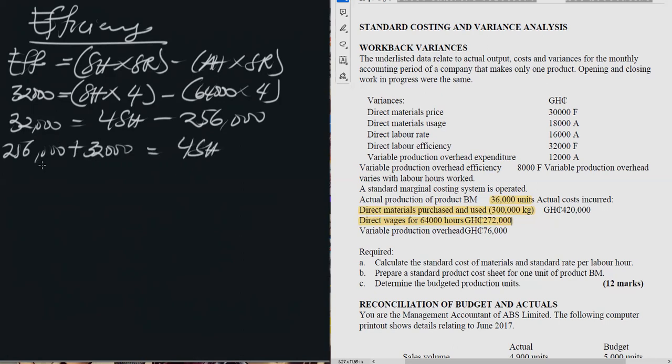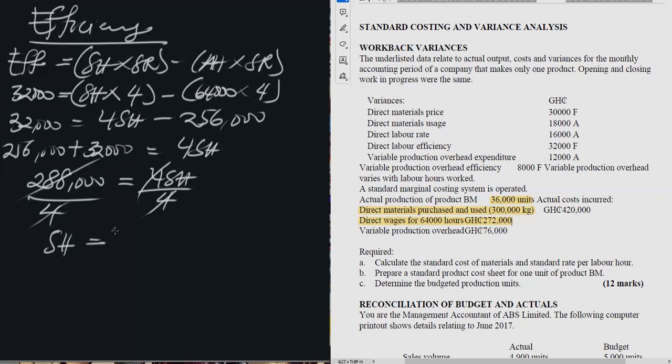So in that case, what then do we get? 256,000 plus 32,000 gives us 288,000. Then you have 4 standard hour. Divide by 4, divide by 4. So 288,000 divided by 4. That gives us what? 72,000 hours standard hour.